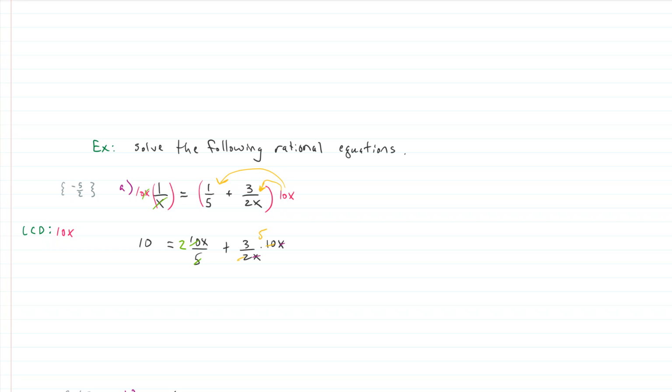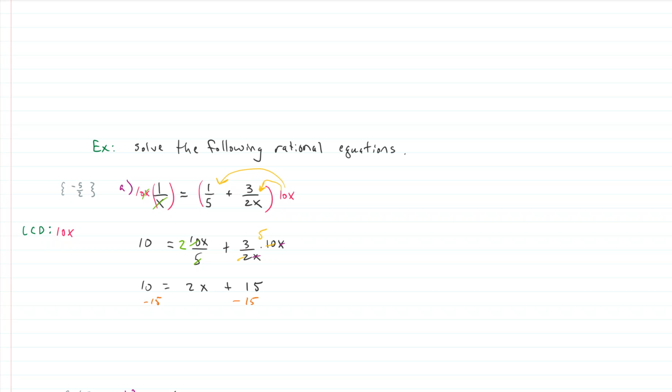So we can see that we're left with an equation: 10 equals 2x plus 15. Nope, not 15x, just 15, because the x is gone. And now we simply solve for x. So let's take 15 to the other side.